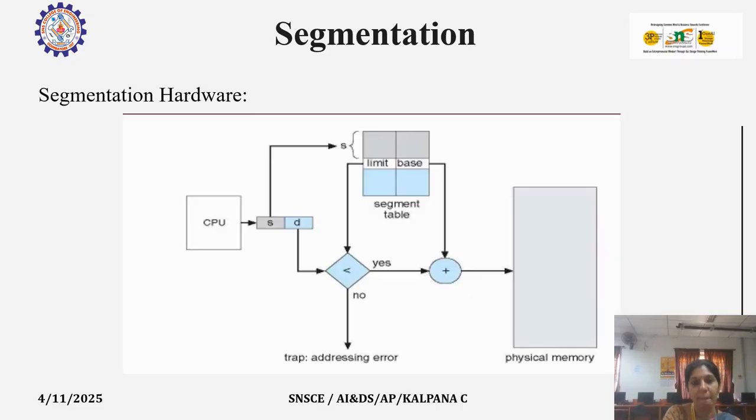Our next topic is segmentation hardware. We already know the CPU generates a logical address, which contains two parts: the segment number and the offset. The offset is the displacement, which gives the exact line or word inside that particular segment that we are going to access.